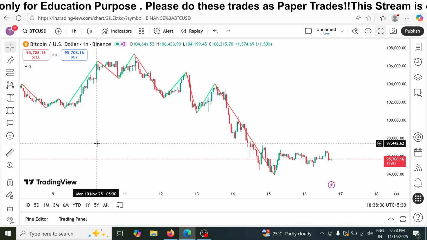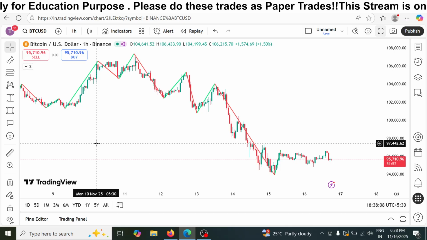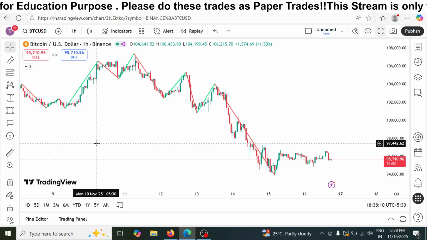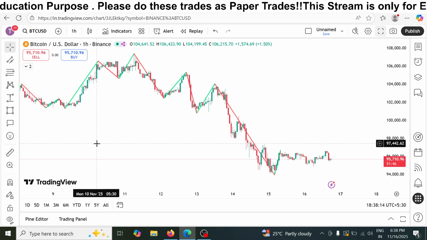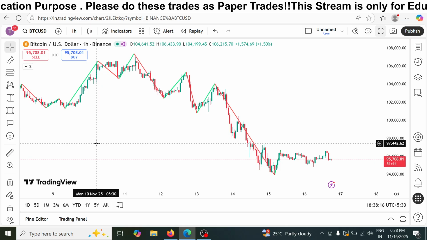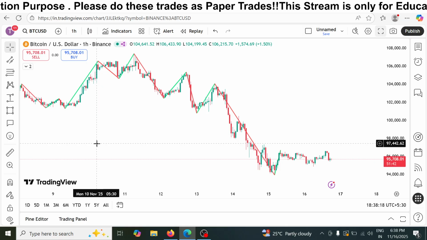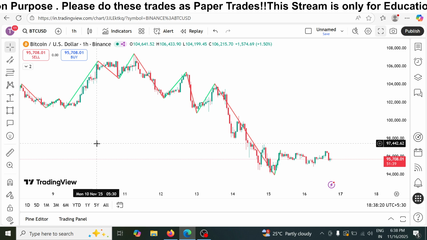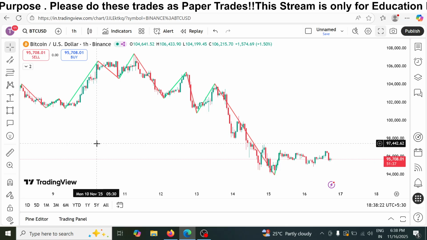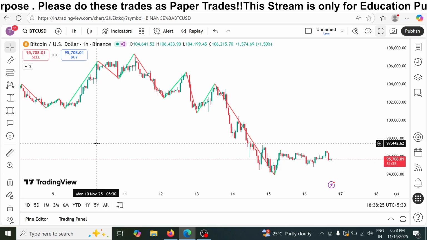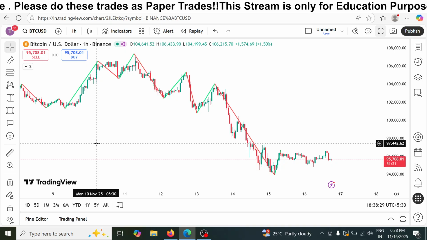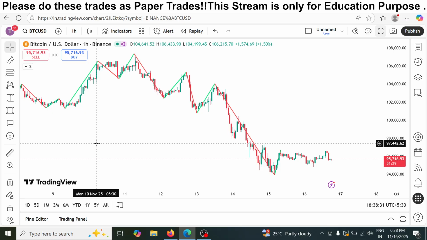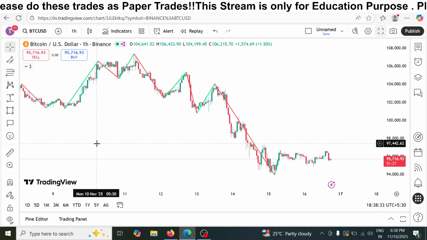Whenever you talk to any 10 people who are using Fibonacci or want to understand the Fib levels, one of the main problems they always have in mind is how do we know which swing we need to detect or which swing we need to use. This is where this zigzag helps you a lot, because it has already given you the swing from where to where you can go and use the Fib.